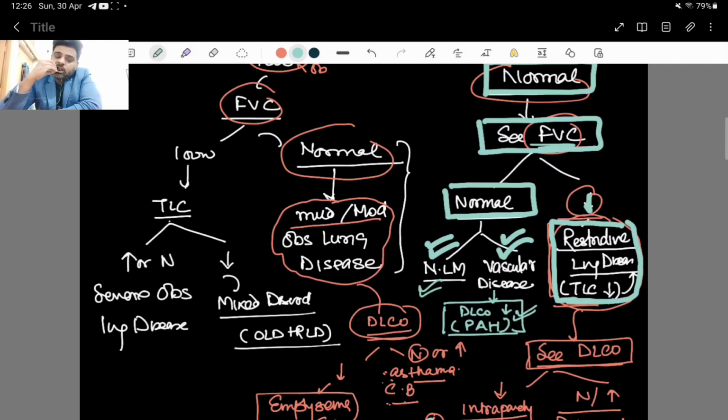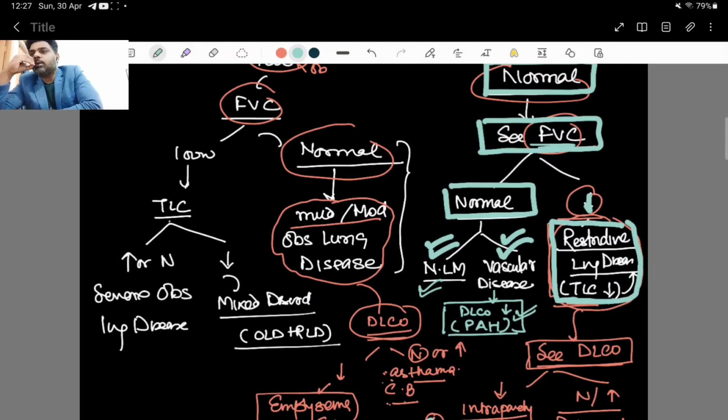CT is required. So if you do PFT, you will find every parameter, that is FEV1, FVC, everything will be normal, and the only thing that will be decreased is DLCO. The treatment is an endothelin receptor antagonist, that is bosentan, and the dose is 62.5 mg BD.